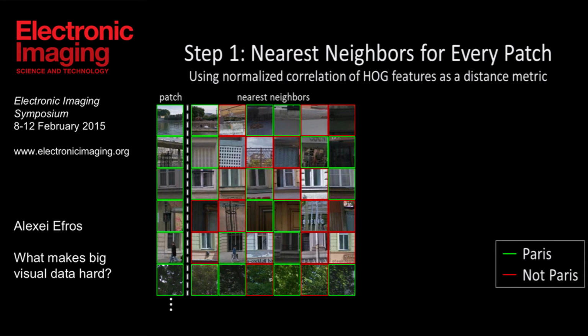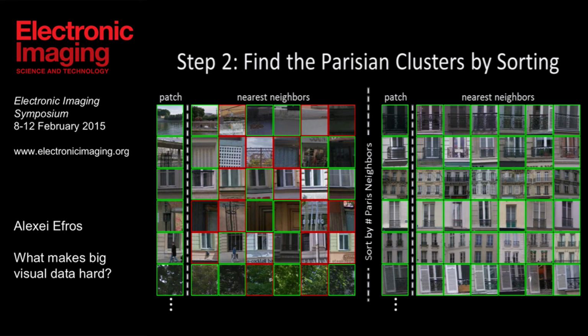Can we just resort all of our 30,000 patches in terms of which ones have nearest neighbors that are mostly in Paris? Here is exactly the same data, just resorted by how many of its neighbors are indeed from Paris. And here you see two things happen.